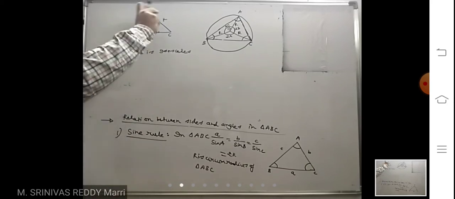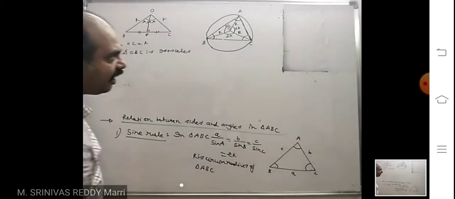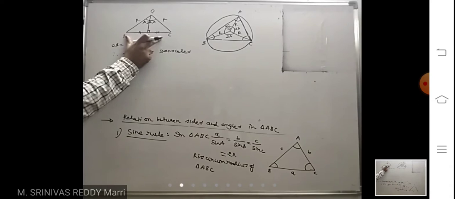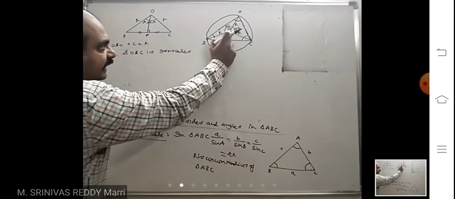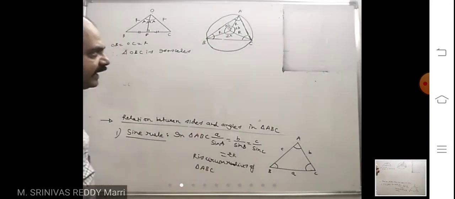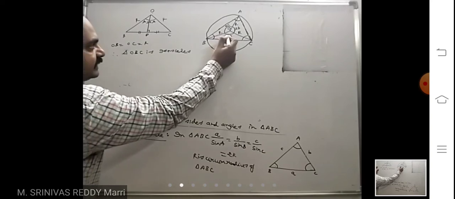If we drop a perpendicular from the center of the circle upon any chord, that line will bisect the chord BC as well as this angle. This BC is a chord.